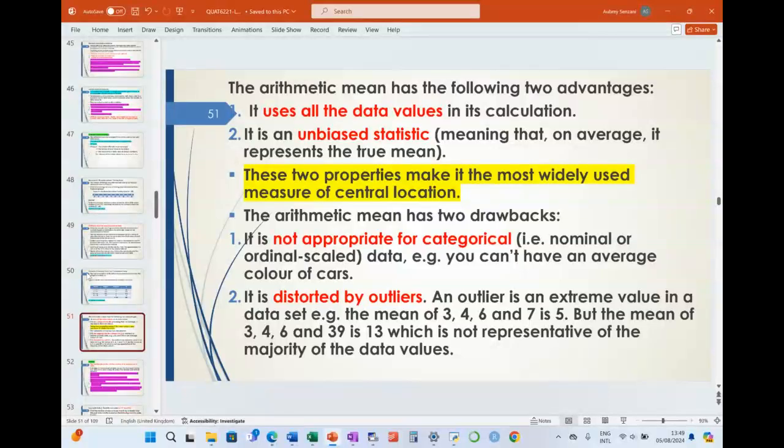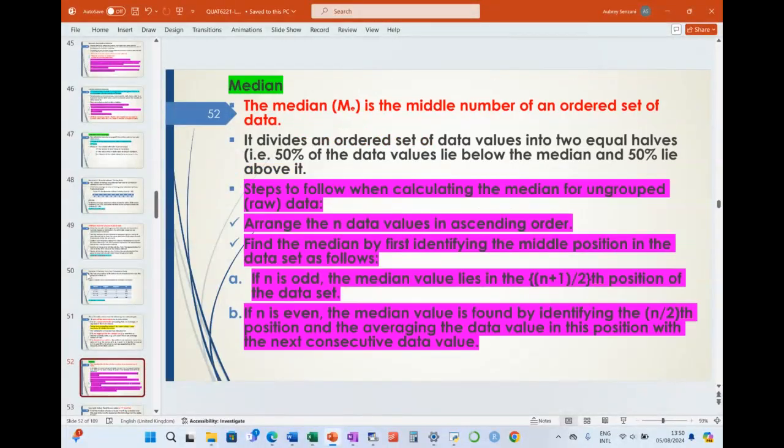So for instance, if you check pass rates, somebody gets 10%, then you get another person who gets 95%, and then you've got most of the results between about, let's say, 60, 70. The 95% and the 10% are outliers. They are extremes, but they are going to affect your average. Can you see that? So they distort. The mean is distorted by outliers.